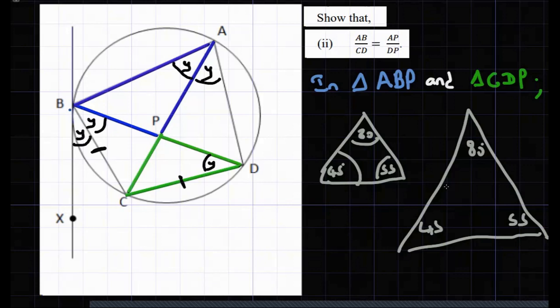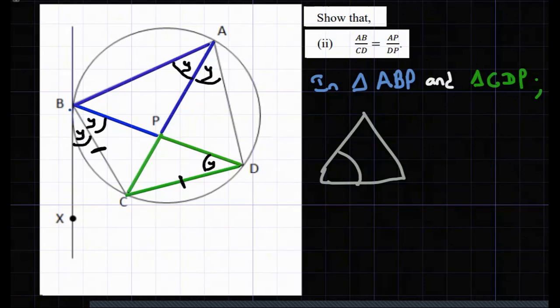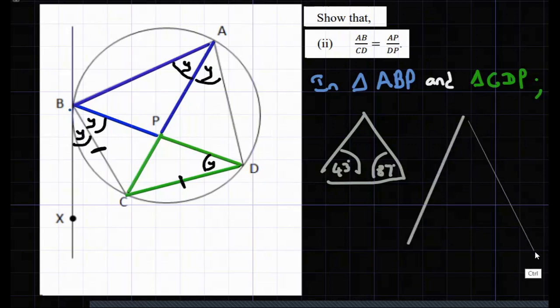All right. So let's say you have been given two triangles, but not with all the angles. Now, for an example, let's say you have been given a triangle. This is, let's say, 43 degrees, and this is, let's say, 87 degrees, and there's another triangle, 43 and 87.